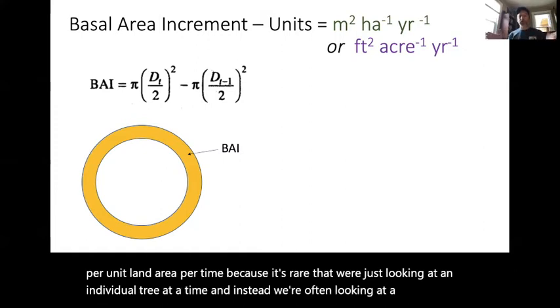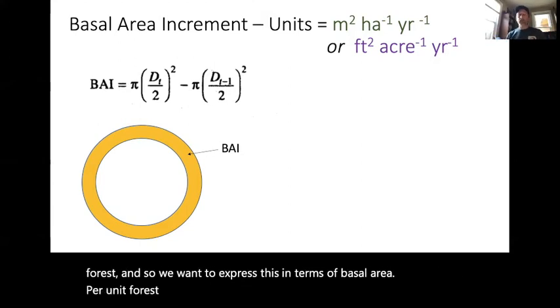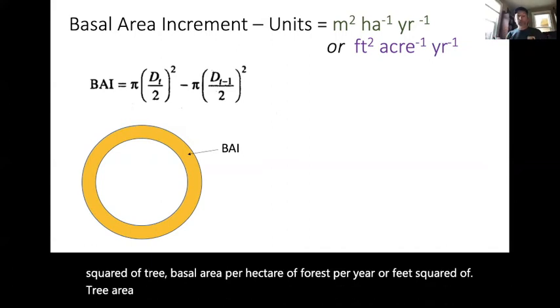And so we want to express this in terms of basal area per unit forest area. And so that would be units of something like meters squared of tree basal area per hectare of forest per year, or feet squared of tree area per acre per year.